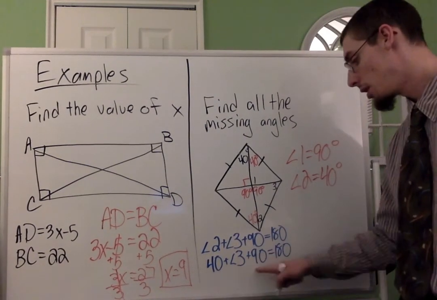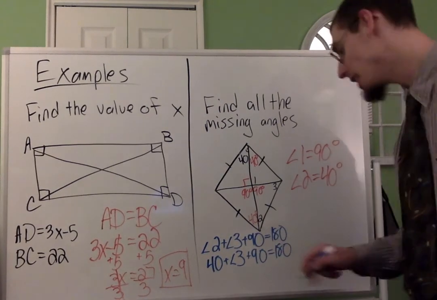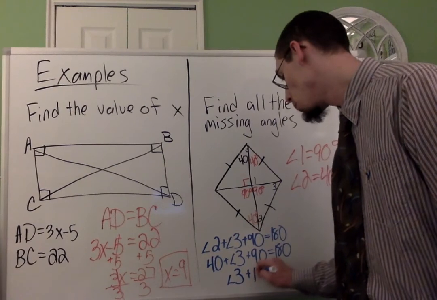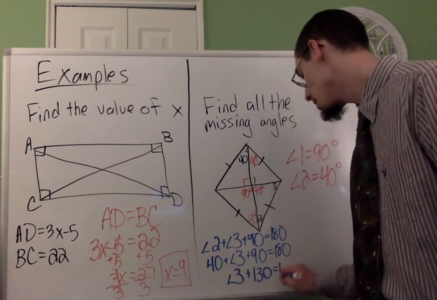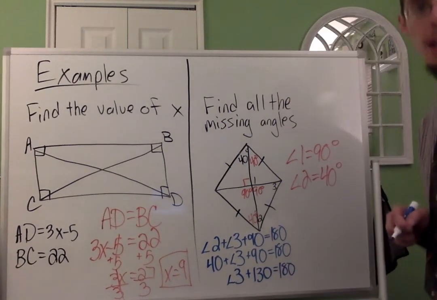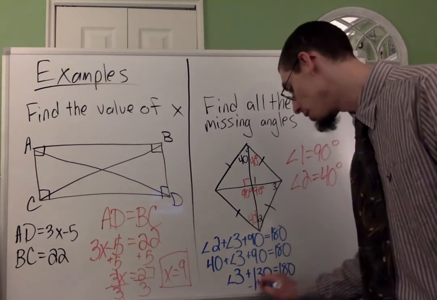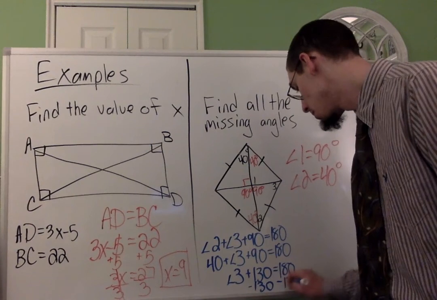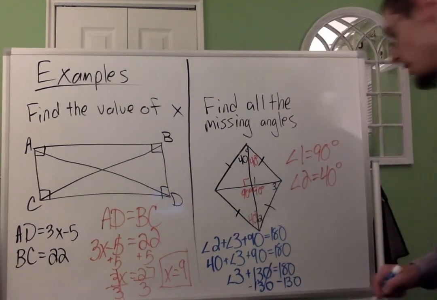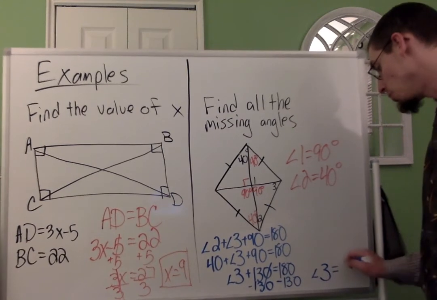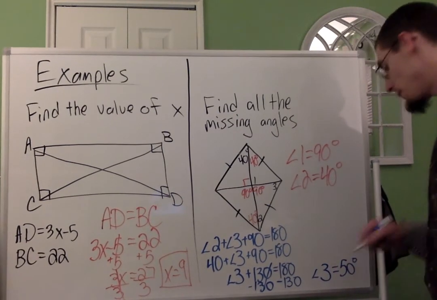Well, combine the 40 and the 90. You're going to get angle 3 plus 130 equals 180. And you can solve that by subtracting 130. That's going to give you an end result of angle 3 equal to 50 degrees.